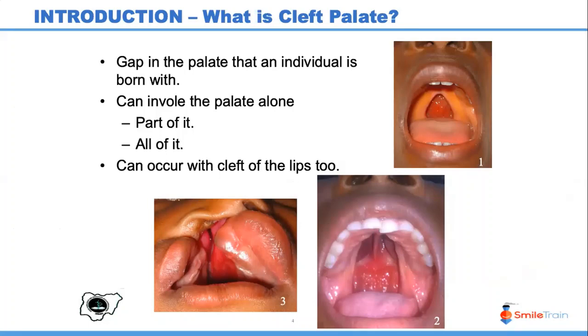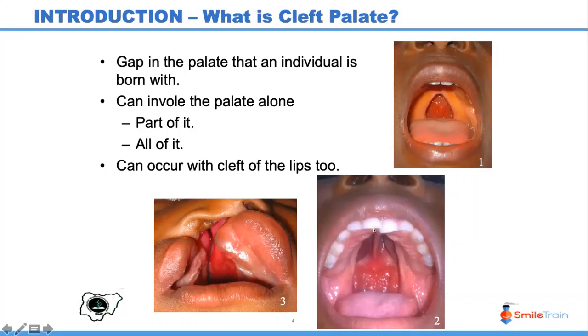But basically, we do have the cleft of the primary palate, that means the cleft is in front, or the secondary palate, that means the cleft is at the back. And even when it's affecting the back, it may affect just part of it, like in number 1 picture I'm showing here, or it may affect the whole extent of it, that's the number 2 picture.